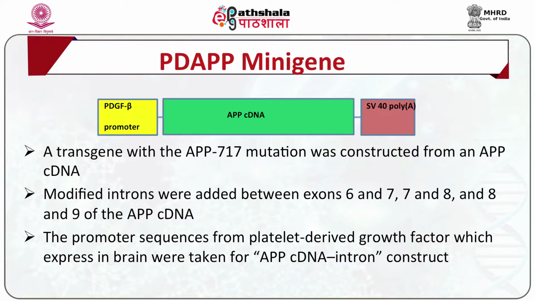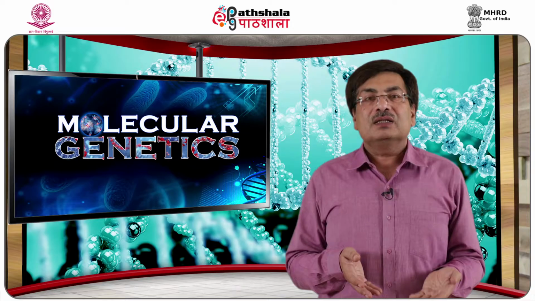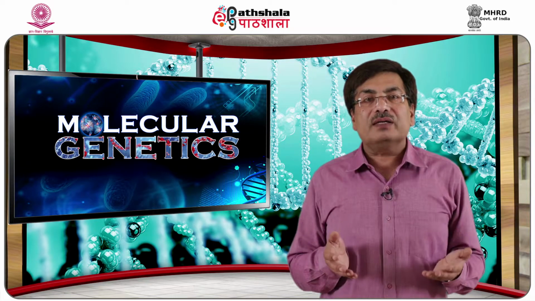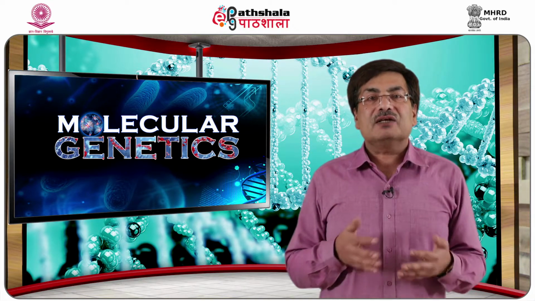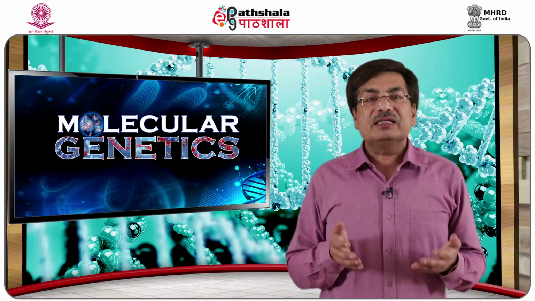The promoter sequences from platelet-derived growth factor, which is expressed in the brain, were taken for the APP cDNA intron construct. The complete construct is called the PDAPP minigene. The transgenes were introduced in the mice.